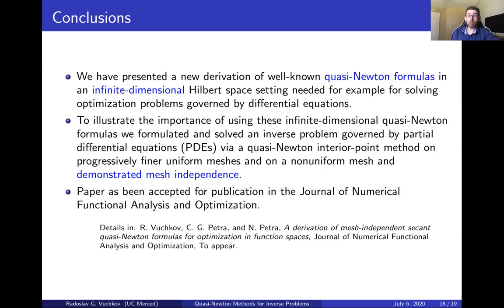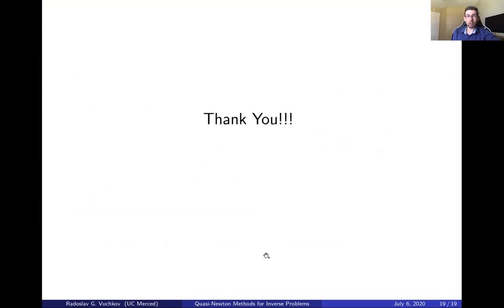We illustrated their effectiveness in how they have demonstrated mesh independence. And we have our paper accepted by the Journal of Numerical Functional Analysis and Optimization, and details can be found here. Thank you very much, and goodbye.